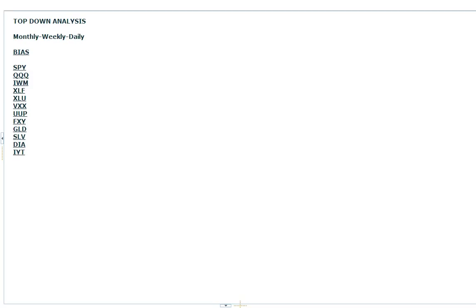So SPY is for the S&P 500. If you're totally new, you'll see that. QQQ is the NASDAQ ETF, right? And IWM is for small caps, Russell.